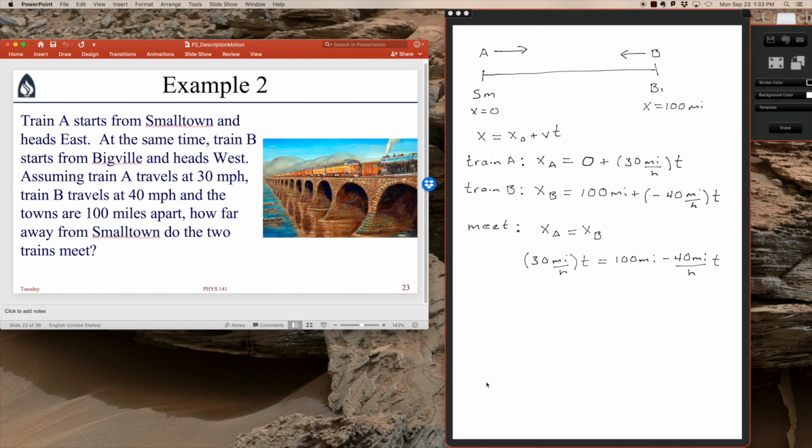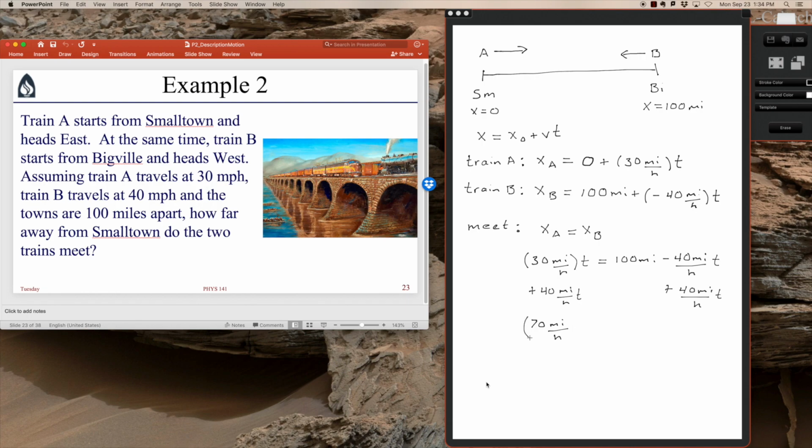If I want to solve for t, I need to get all my t's on one side of the equation. So I could add 40 miles per hour t to both sides, plus 40 miles per hour t to this side of the equation, plus 40 miles per hour t to the other side of the equation. On the left-hand side, I would end up with 70 miles per hour times t.